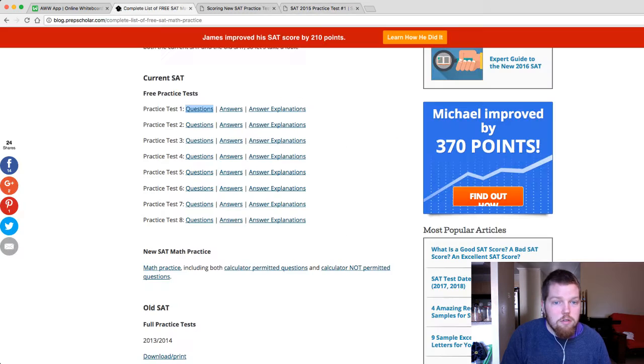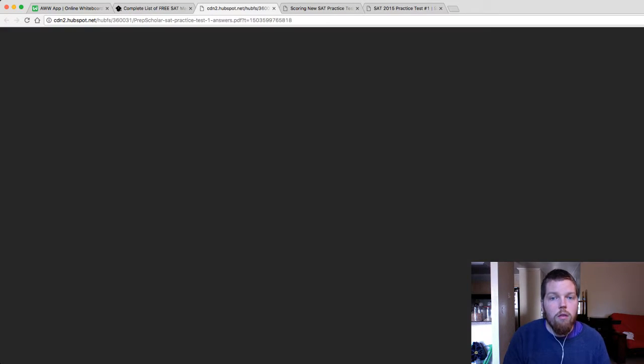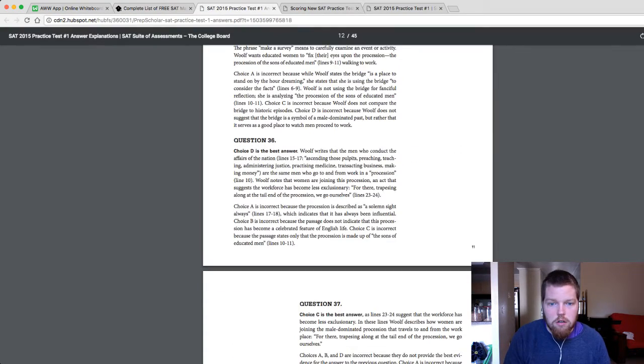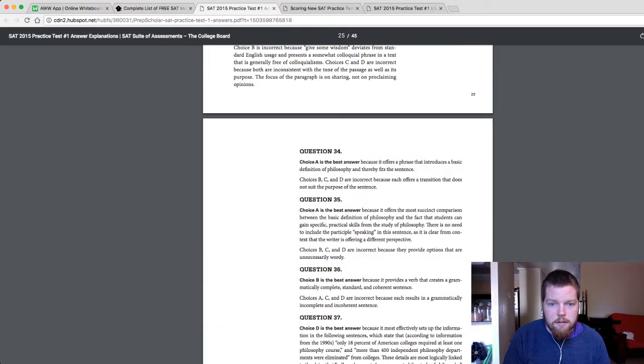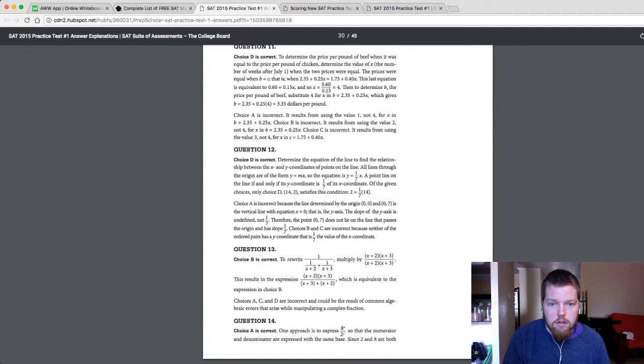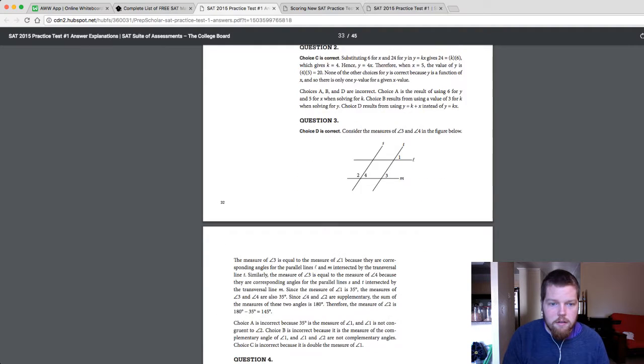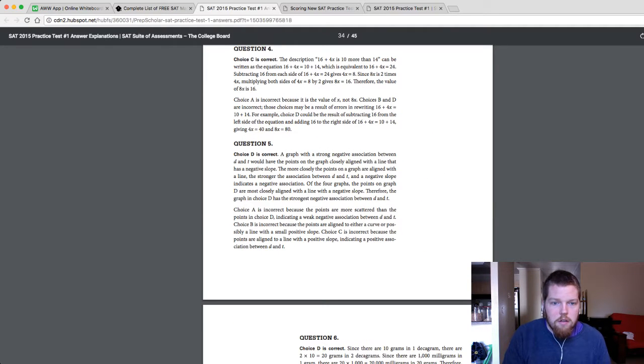Let's actually go to the answer explanations for this one to see what they say about it. So a graph with a strong negative association between d and t would have the points on the graph closely aligned with a line that has a negative slope.